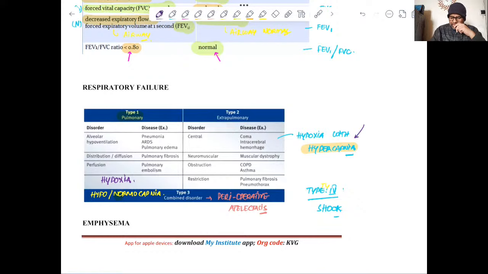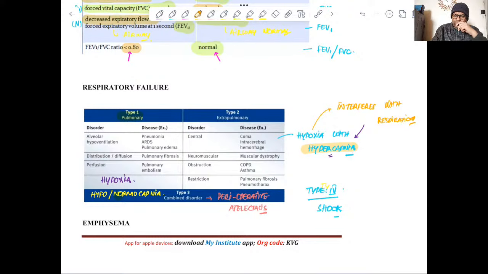Important thing is type 2, which is having raised CO2 level in the body, and it is because of any condition which interferes with respiratory physiology, or in fact which interferes with respiration. Clear?